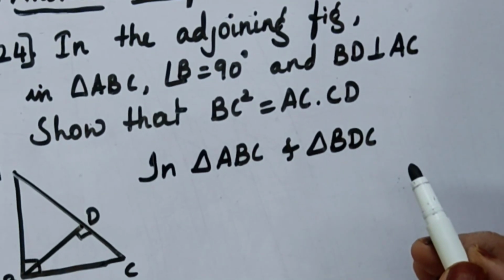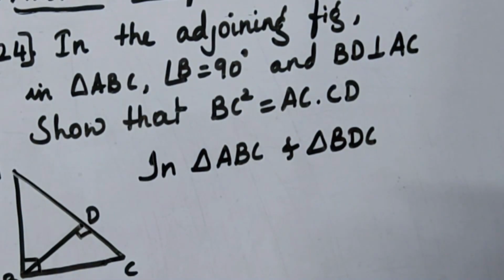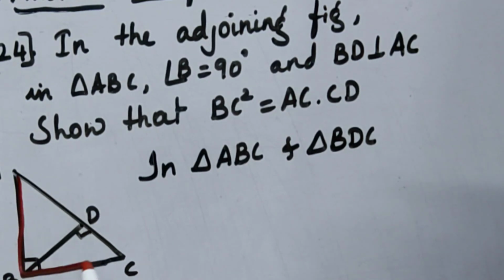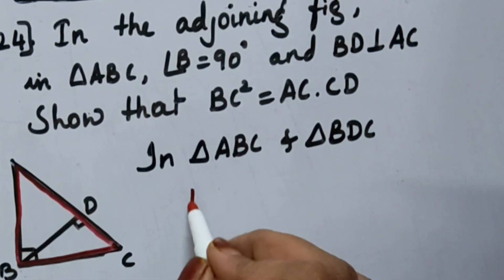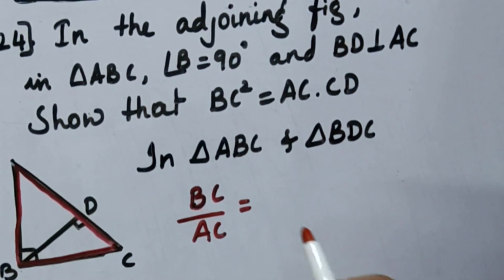Okay, so now we'll take base by hypotenuse. You can see this is a right angle triangle. In this right angle triangle, this is a base and this is a hypotenuse. Base by hypotenuse, BC by AC equals to.